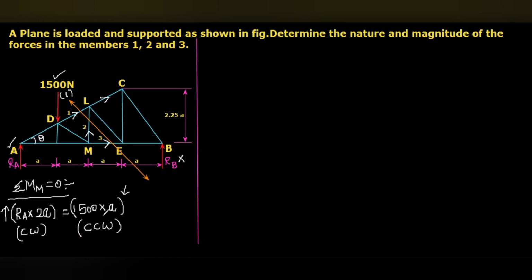But here we need counterclockwise moment. So it will not act like this. It will act opposite to this direction. That means it is going to act in the third quadrant. As I mentioned earlier, this acts inverse to the point D or outward from point L, whatever.